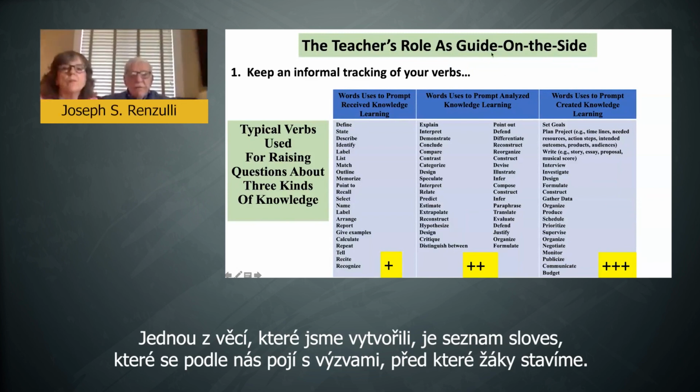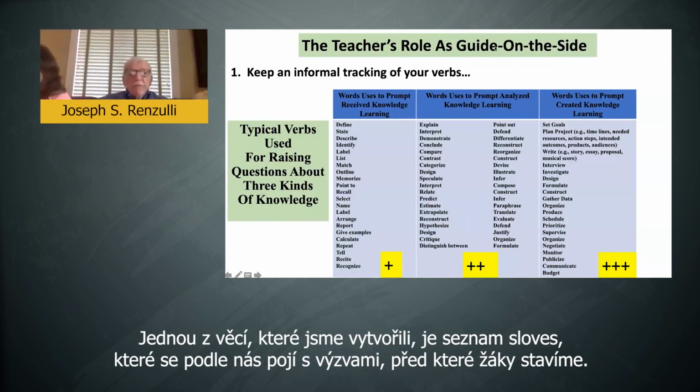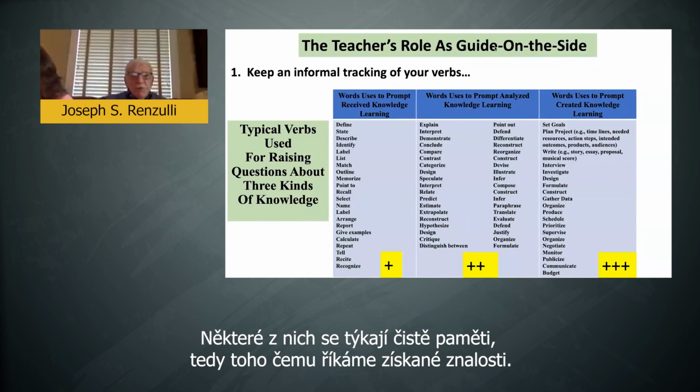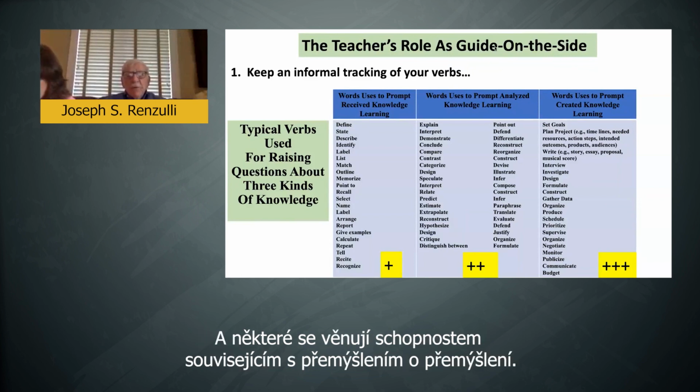One of the things that we've developed is a list of the verbs that we think relate to the kinds of challenges we're providing for students. And some of them are just related to pure memory, what we call received knowledge, add some more advanced thinking skills in this category.